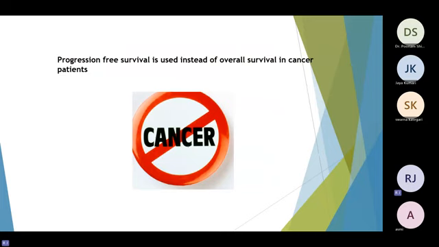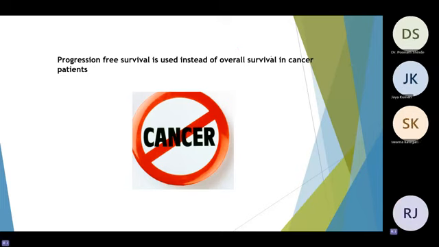For example, in oncology studies, instead of waiting for the subject to die from the disease, what will we see? The progression-free survival. How many months a subject can survive without cancer cells or without any active disease? Okay. So instead of checking the overall survival, we see the progression-free survival, meaning disease-free state.